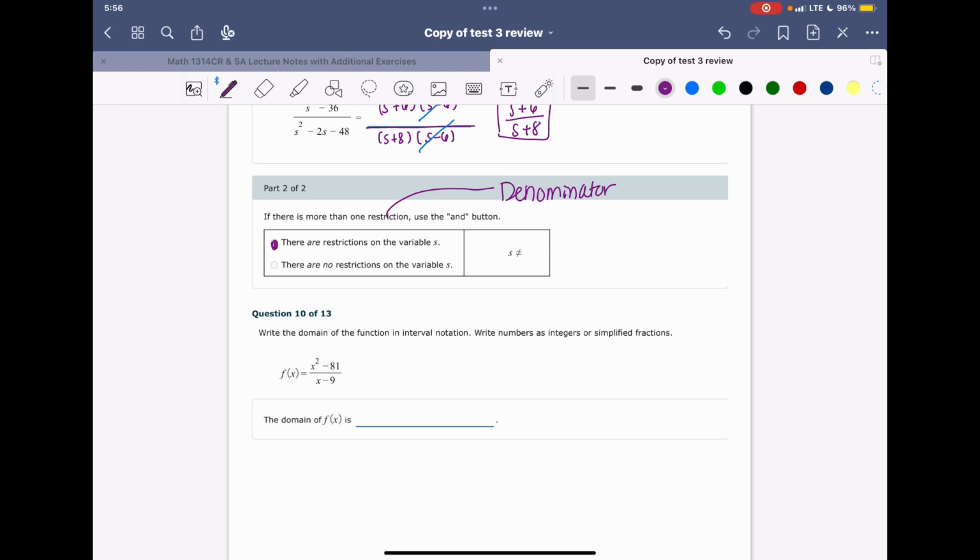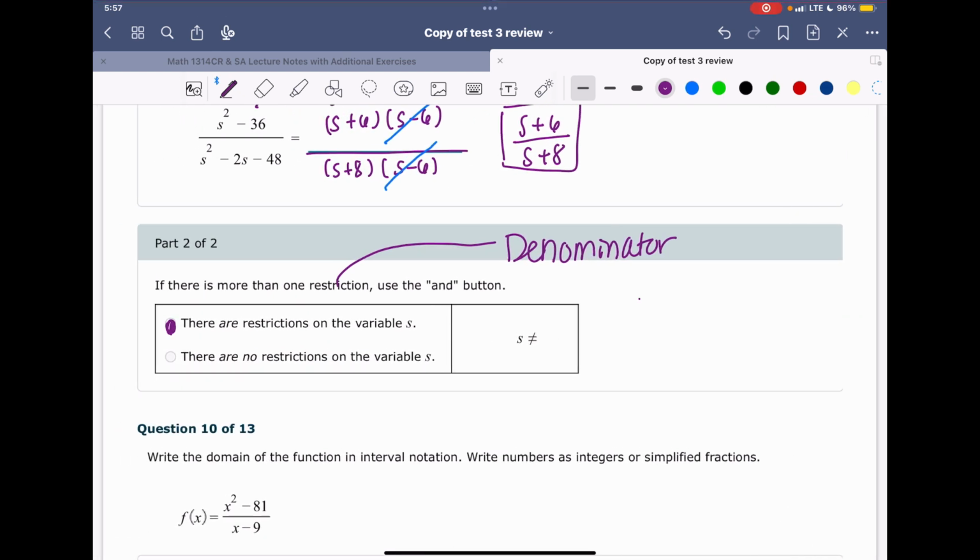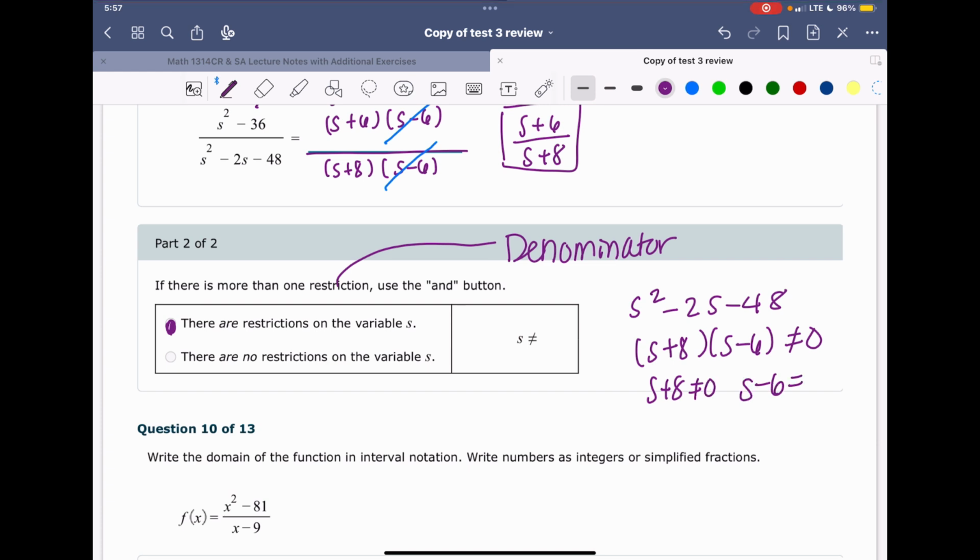It's going to be s squared minus 2s minus 48, s plus 8, s minus 6 cannot equal 0. s plus 8 cannot equal 0, s minus 6 cannot equal 0. s cannot equal negative 8, s cannot equal 6. So those are the answers for the restrictions.